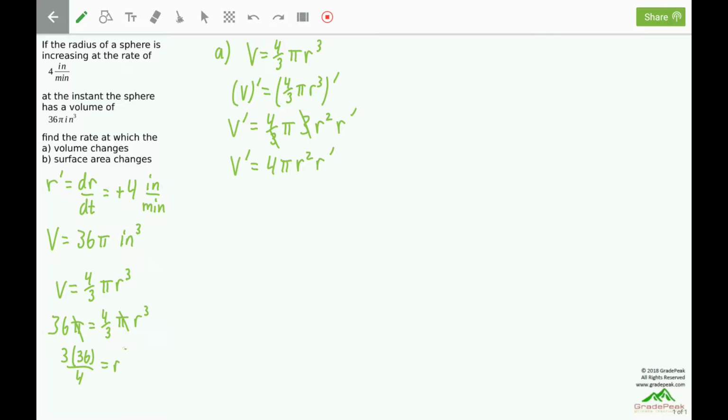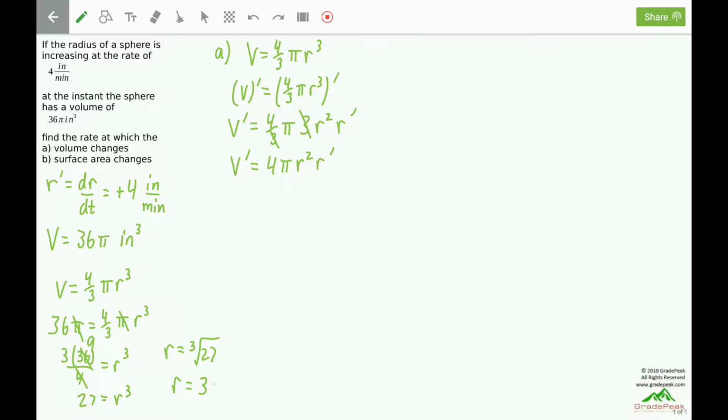So we have it solved at least for r cubed. Now the 4 and the 36 can reduce before multiplying the 3 times the 36, just to keep the number smaller. 4 divides into 36 9 times, so that'll leave us with a 9. And so we're left with 27 equals r cubed. And that means r is going to be the cube root of 27, and the cube root of 27 comes out to a 3.